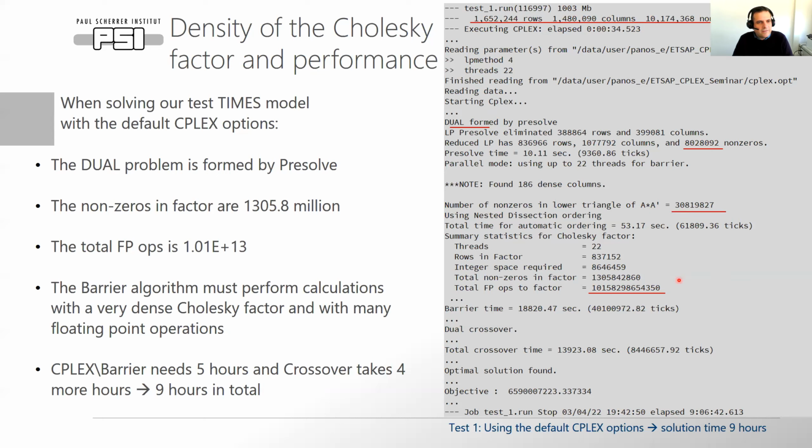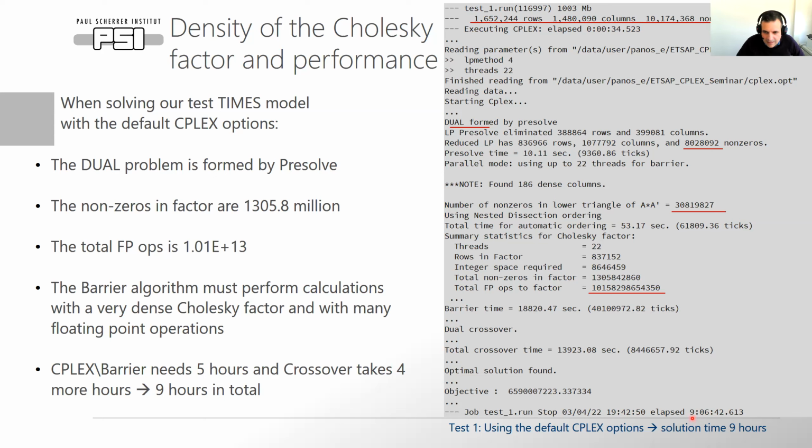Then we have about 1,300 million non-zeros in the factor and quite a large number of total floating point operations to factor. Remember these numbers, because they are important for how long the solution time will be. And if we run this model, we get the solution in 9 hours.